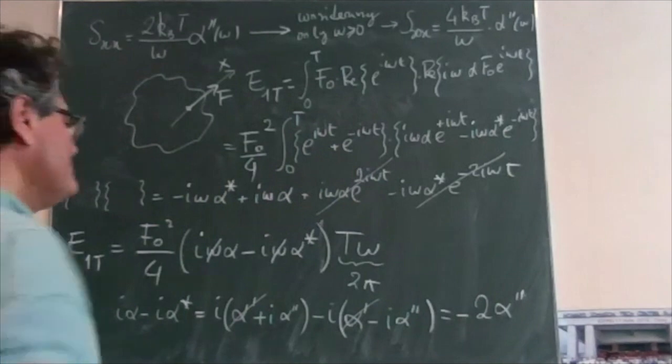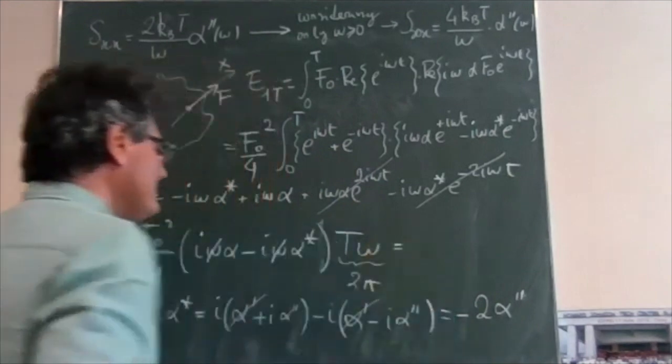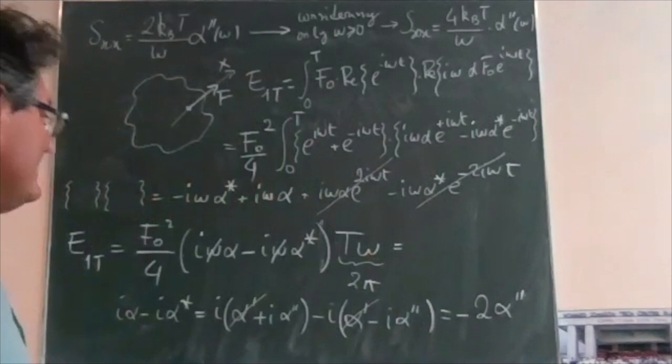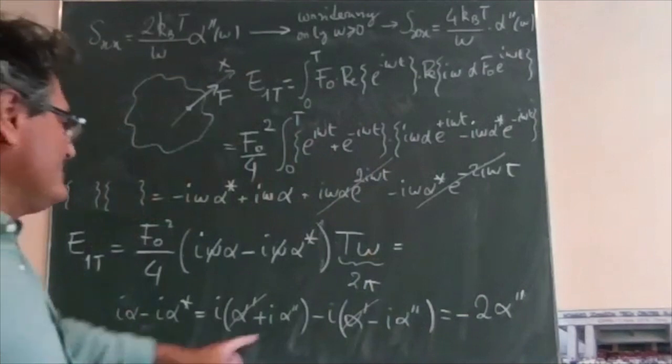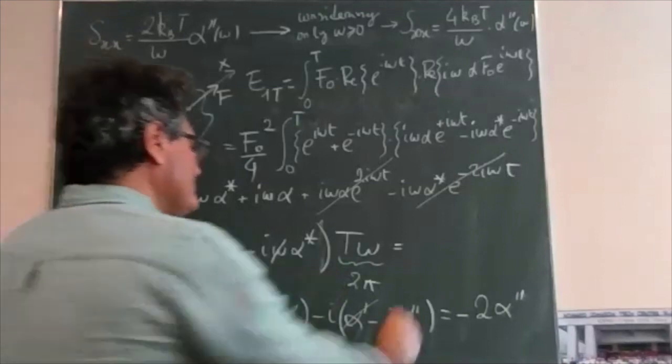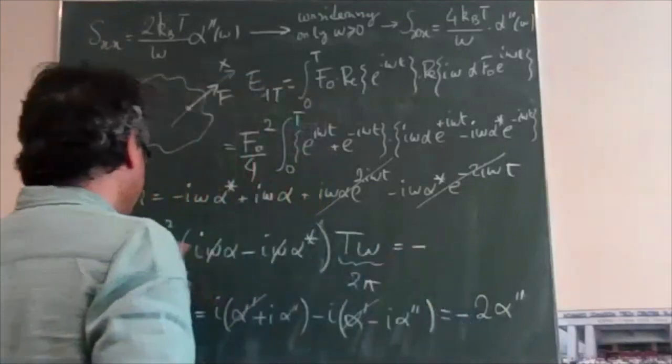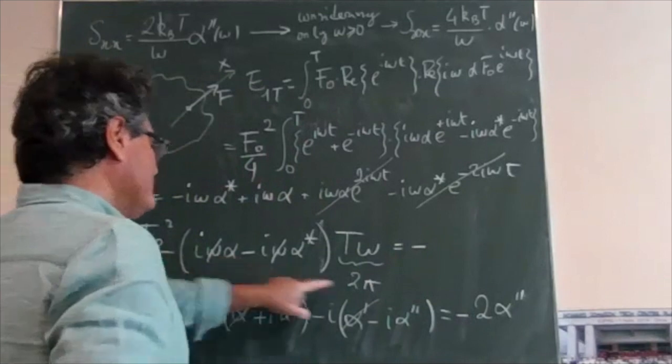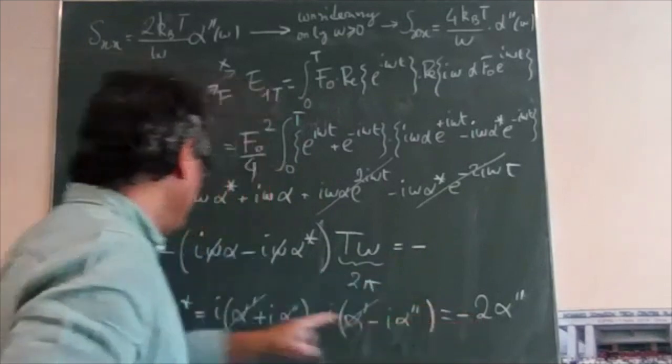Okay, so therefore, we are going to have a very nice result. So this is produced 2 pi. This is minus 2 alpha second, so the result is minus 2, and 2 cancel with 4.